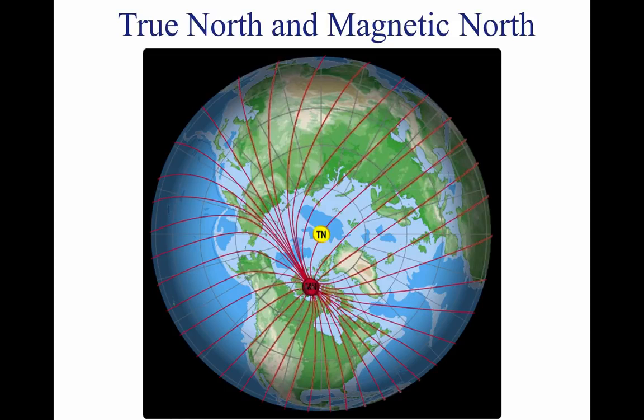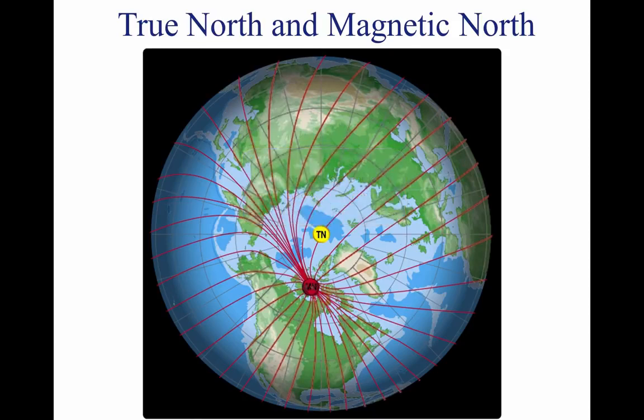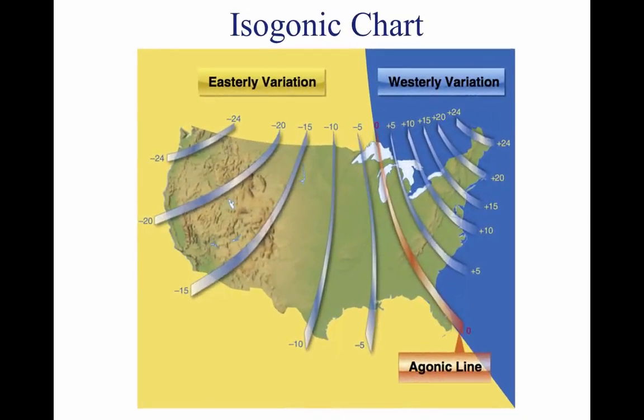The amount and the direction of variation, which change slightly from time to time, are shown on most aeronautical charts as broken magenta lines, called isogonic lines, which connect points of equal magnetic variation. An isogonic chart is shown here.